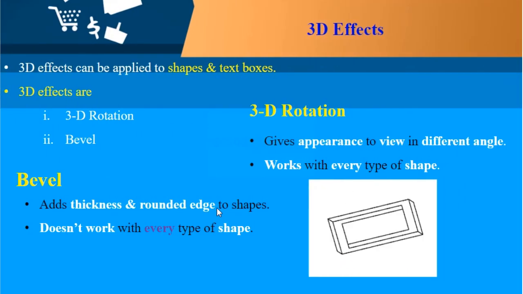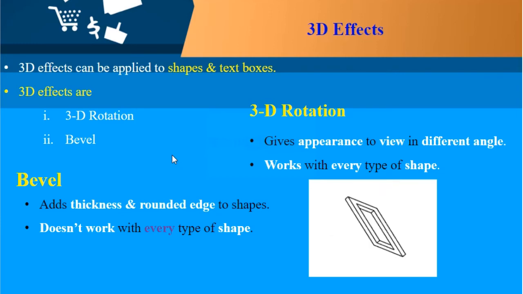So 3D, yeah. Here comes 3D. There are two types of effects you can apply to your shapes and text boxes to give them a 3D appearance. First one is 3D rotation, and the second is the bevel.